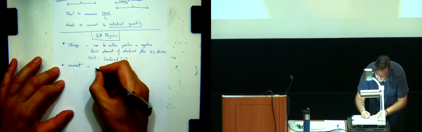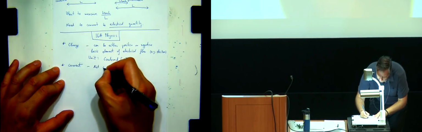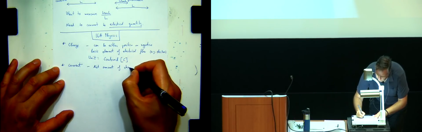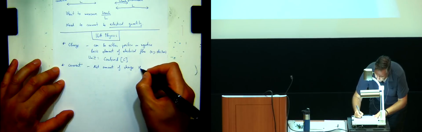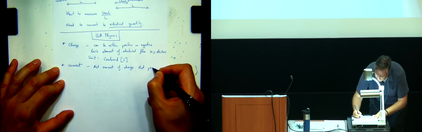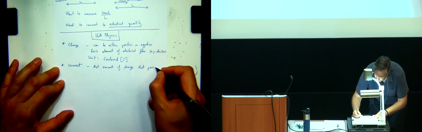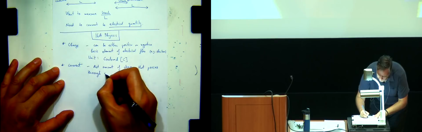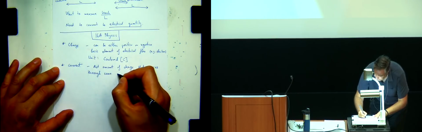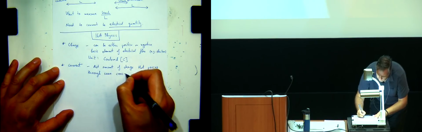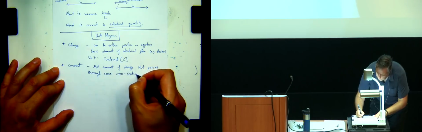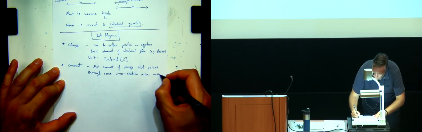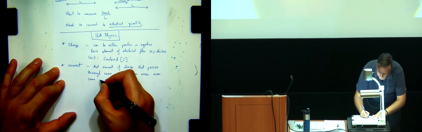So that's the net amount of charge that passes through some cross-sectional area over some period of time. So this is important.